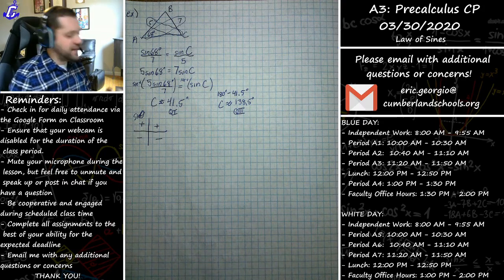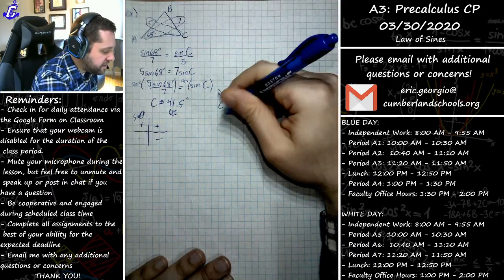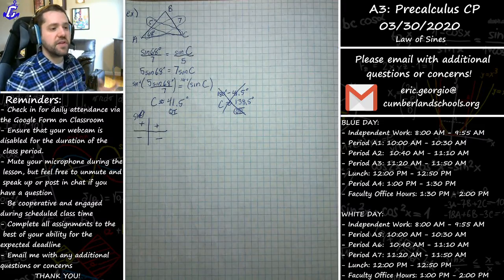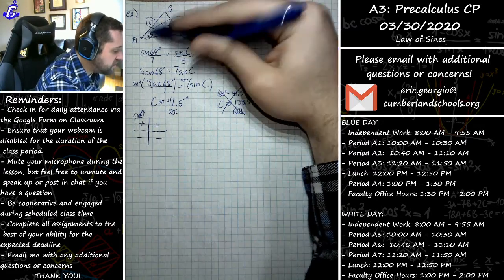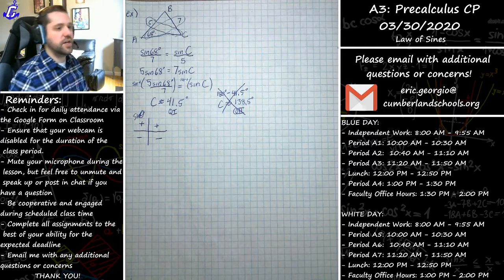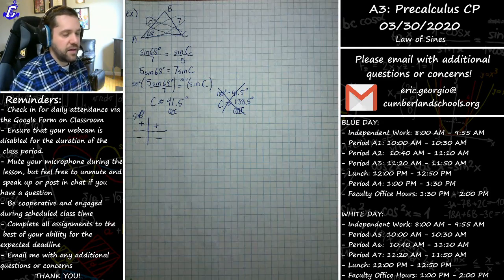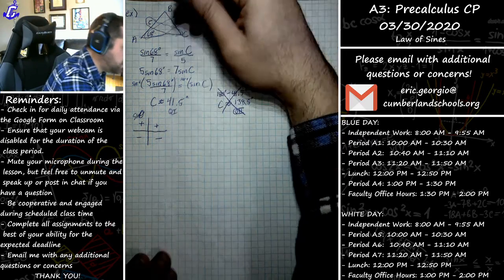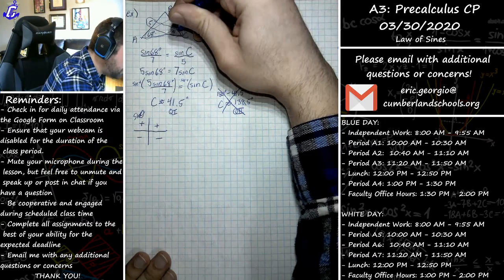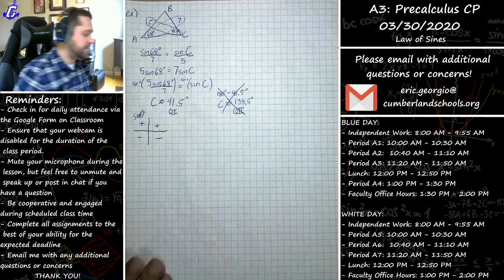So in the context of a triangle, this doesn't make sense, because it would cause your angles to exceed 180 degrees. Okay? So in that case, there is only one possibility. The one possibility is that this has to be 41.5 degrees.